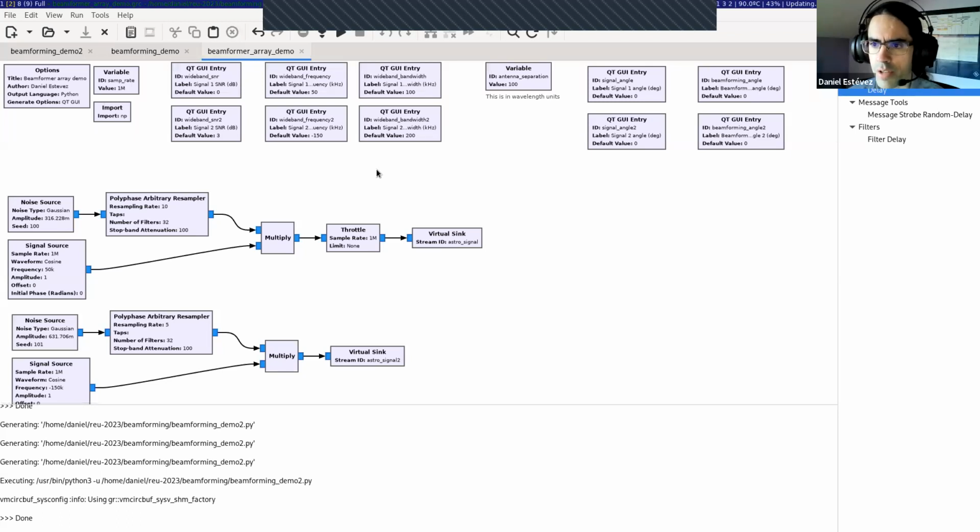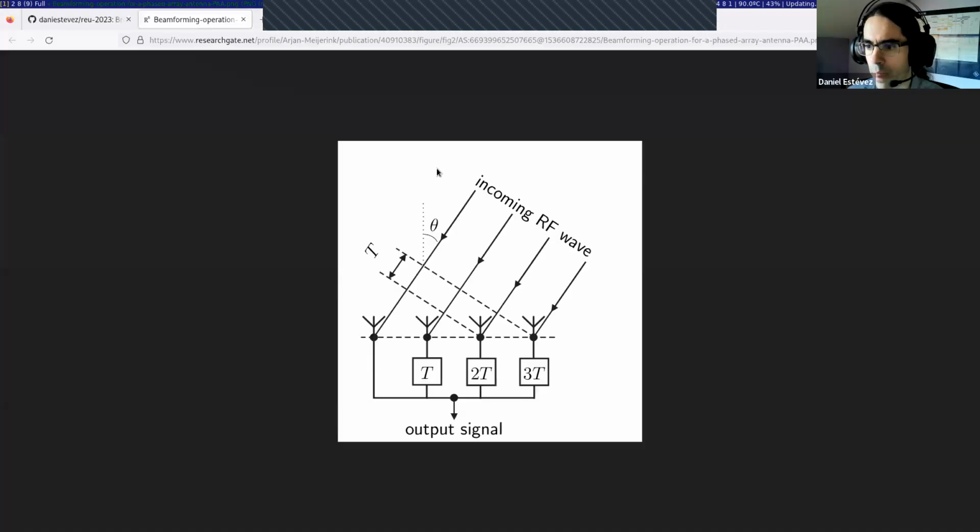So I want to show this effect here so that we get some more understanding about why that happens, how that happens, and what is beamforming actually, or beam steering. So how can we actually point the location on the sky where the beamformer array is looking at?